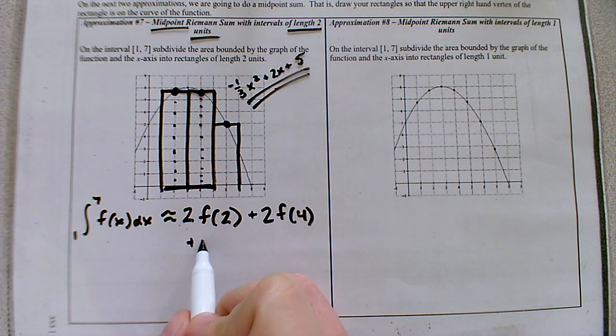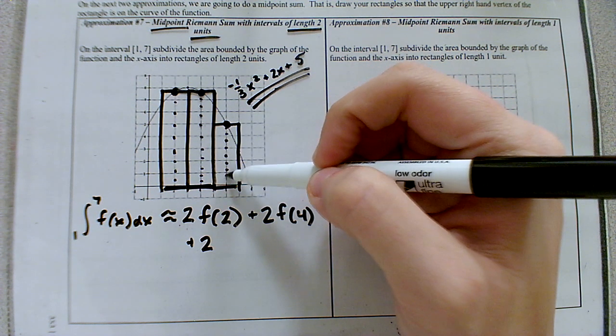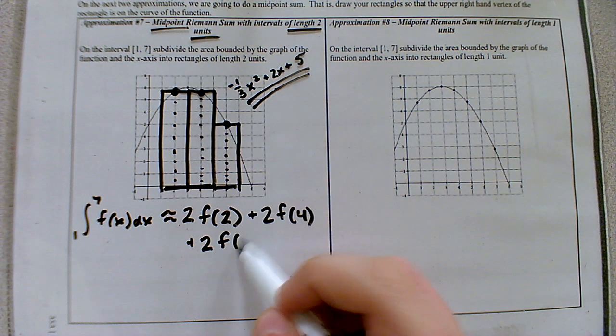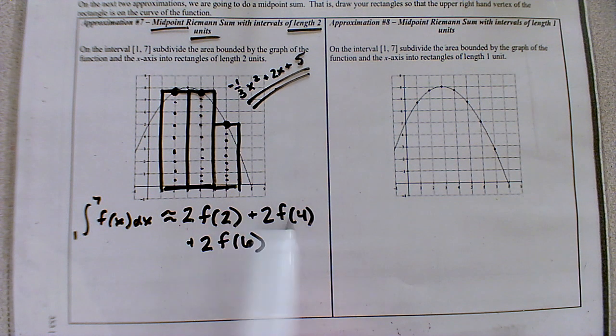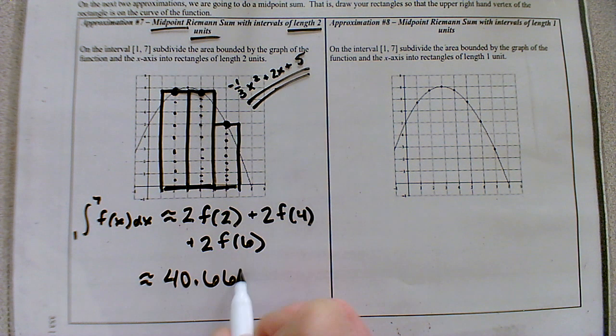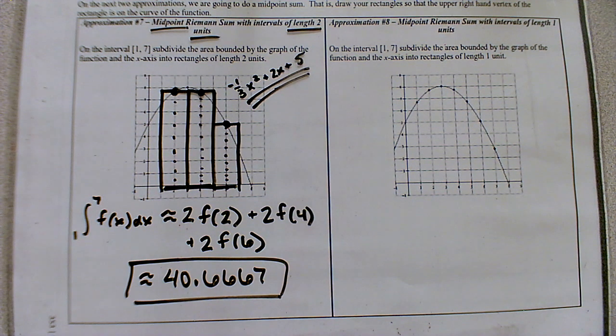And then for my last rectangle, base of 2, height came from the x value of 6. Now since this is the same function, we should already have these values written down somewhere, or you can quickly find them on your calculator. So after you do that computation, you should get about 40.6667.